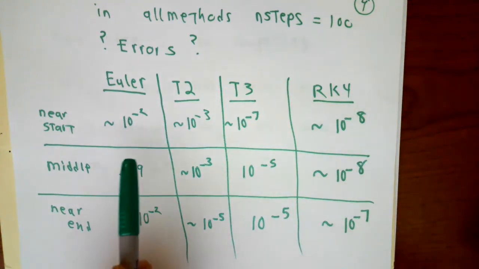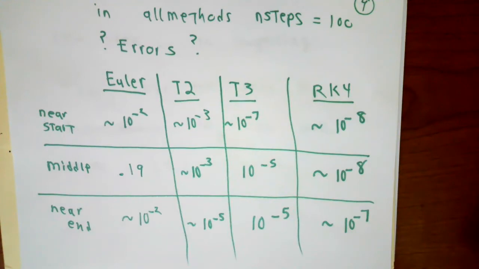For Euler's method, early on, the error was about 10 to the negative 2. Towards the middle, it got sort of bad. It was about 0.19. And at the end, it was back down to 10 to the negative 2. The fact that Euler is not very accurate shouldn't come as a terrible surprise to us because it's a simple method.